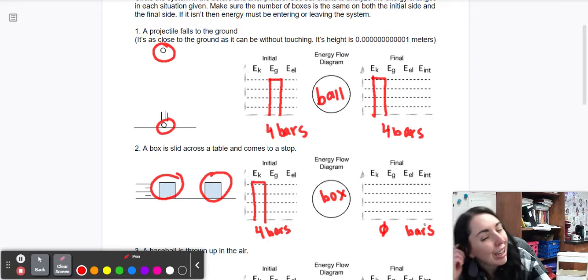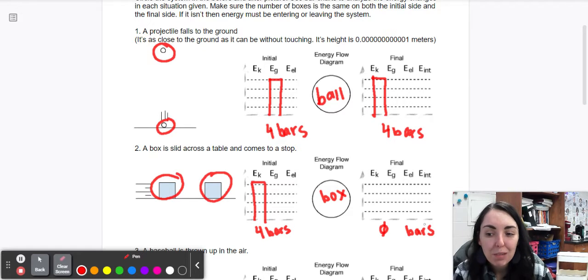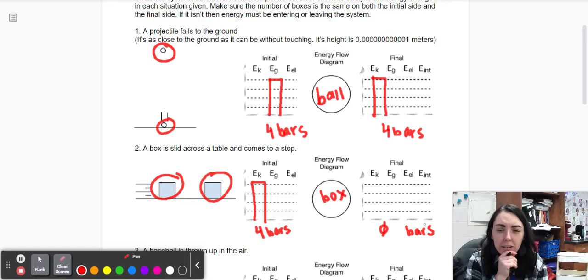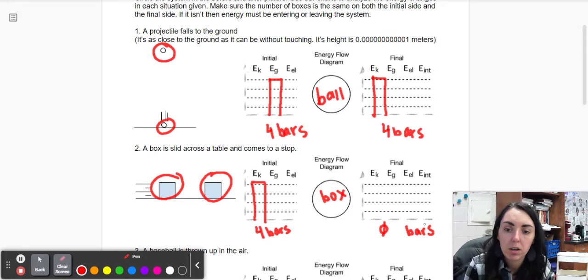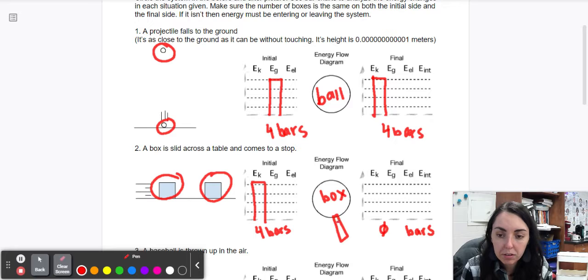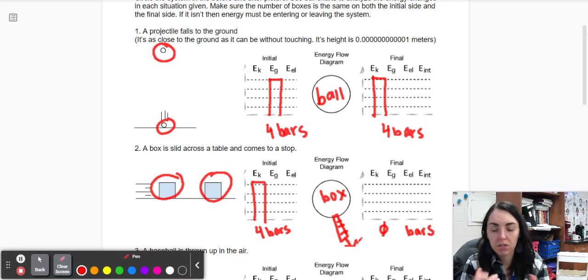Well, that energy can't just disappear. So we have to ask ourselves, where did that energy go? There's 4 bars of energy, they just left. They're not there anymore. So we show that as 4 bars of energy, 1, 2, 3, 4. And I draw an arrow going out because they're leaving. So it's just leaving the circle, going away from the box.